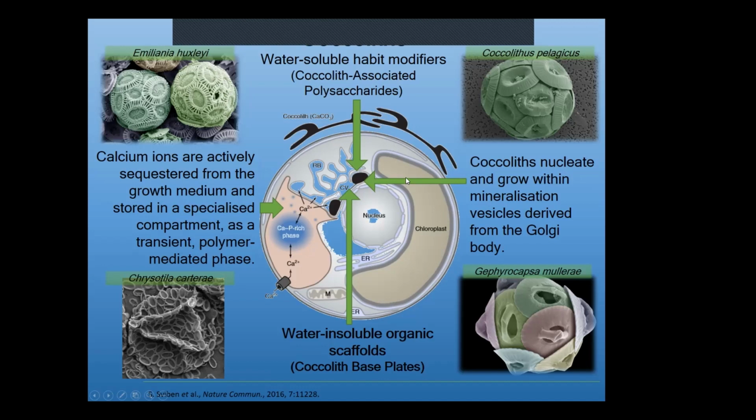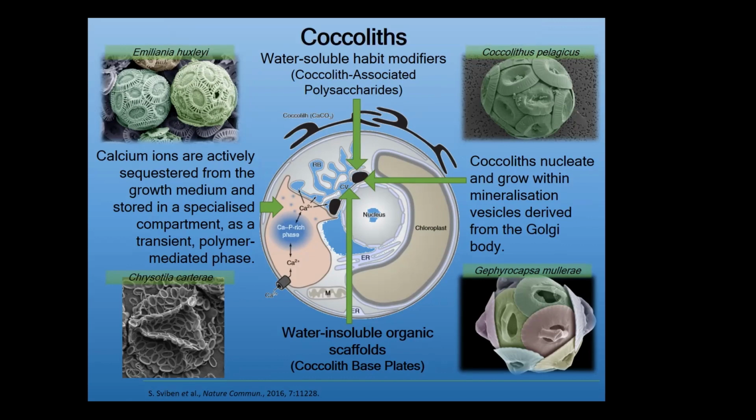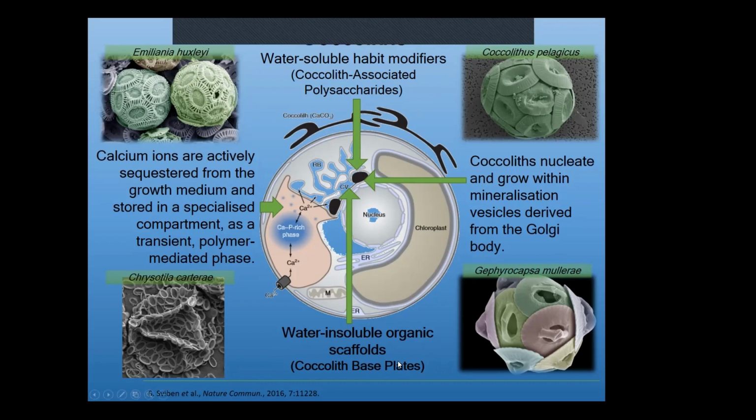And then there are basically 2 types of macromolecules that are assisting in mineral formation here. One is what we call water-insoluble organic scaffolds, so basically a substrate where the crystals nucleate and grow, and we call this the coccolith base plate. We'll talk a bit about this in a minute.